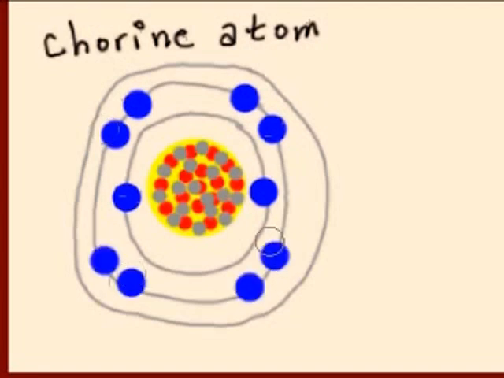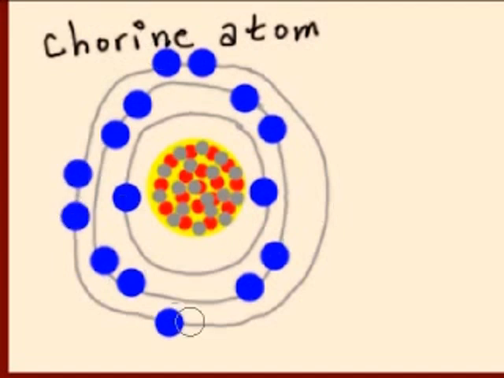The second energy level is happy with 8, so that gives us 10. 11, 12, 13, 14, 15, 16, and 17. Okay, and this is the chlorine atom.